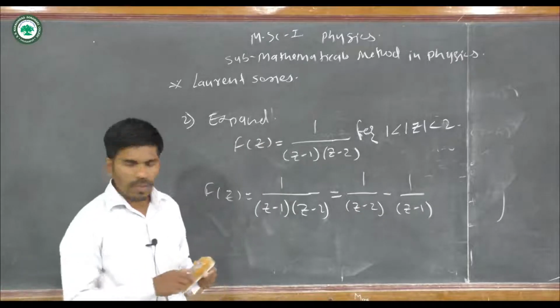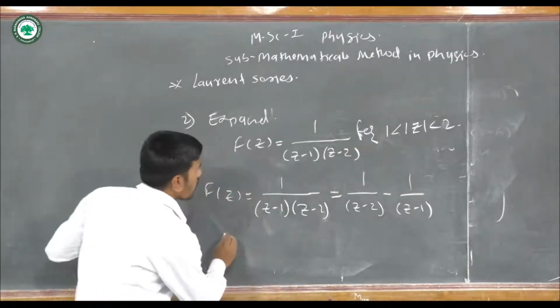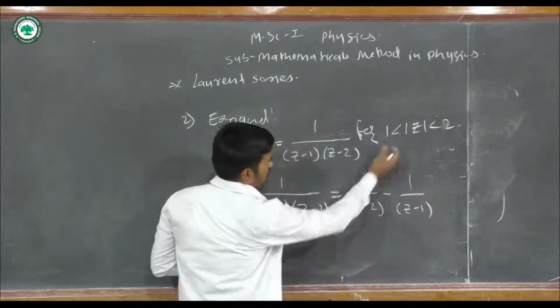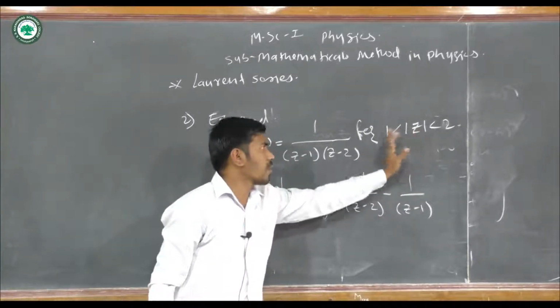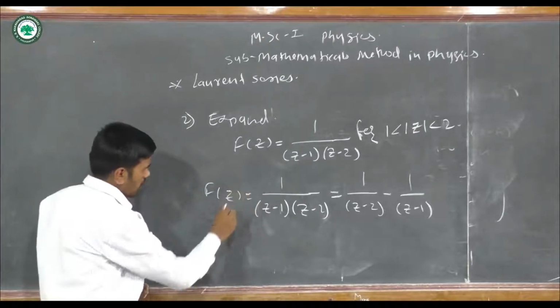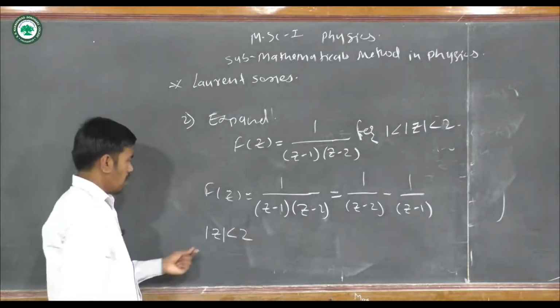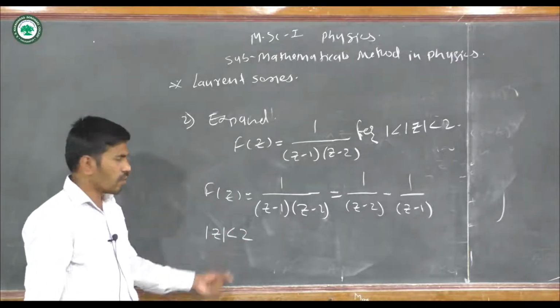Okay, now for these conditions, the region 1 and 2 for z is the annular region, and this point 1 and 2 is out of this region. So we can write, the first condition is mod z is less than 2.